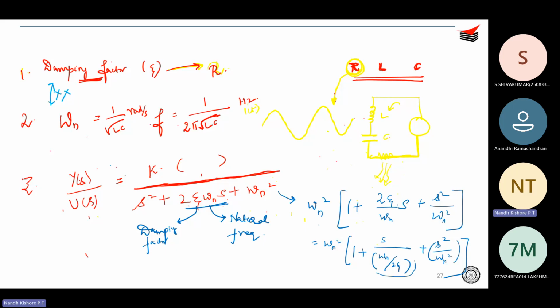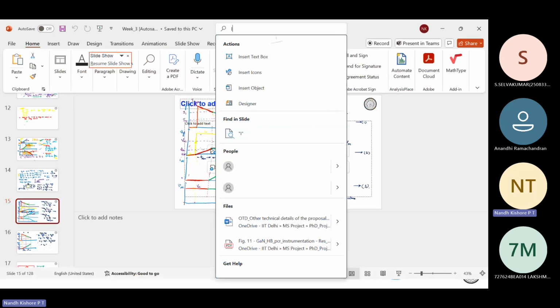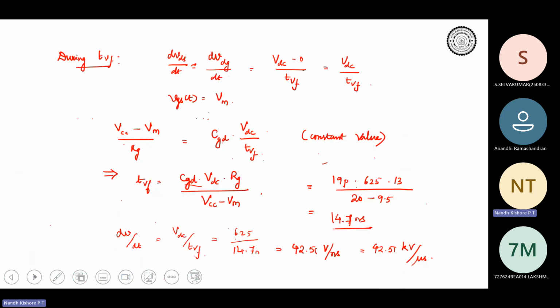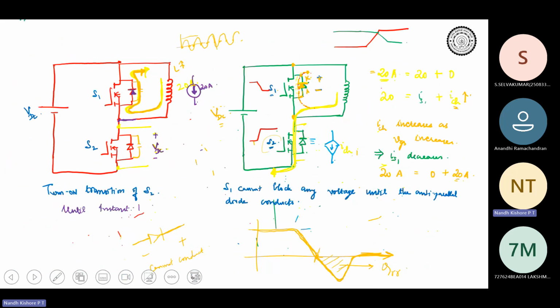This particular expression is related to your quality factor. I'm not going too much into this due to lack of time. The relationship is epsilon equals 1 by 2Q.